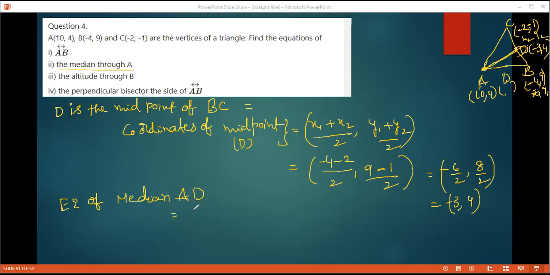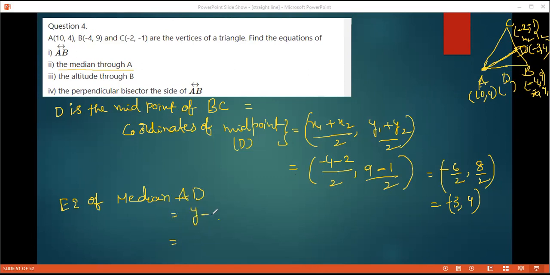So what is the form? y minus y1. I will write it directly. So y minus y1 equals, here what is y? y is y itself.